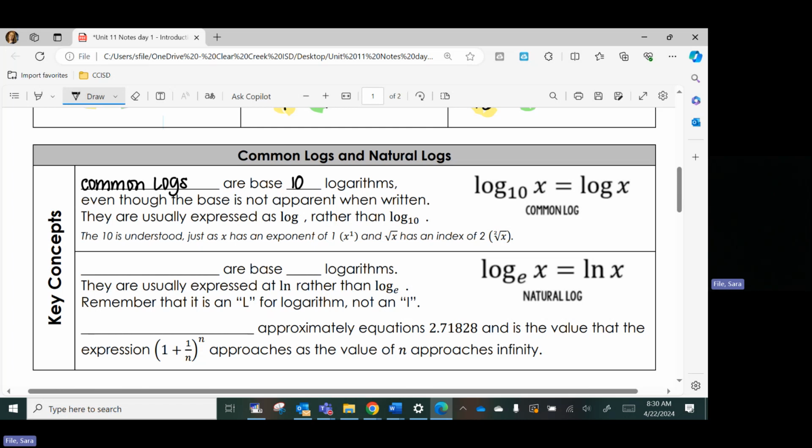That makes sense? If you want to make a little note of that: if there's no base written, it's a 10. That's your common log.